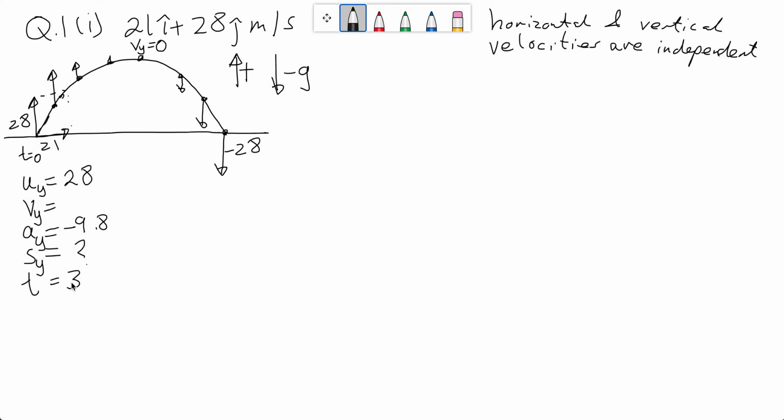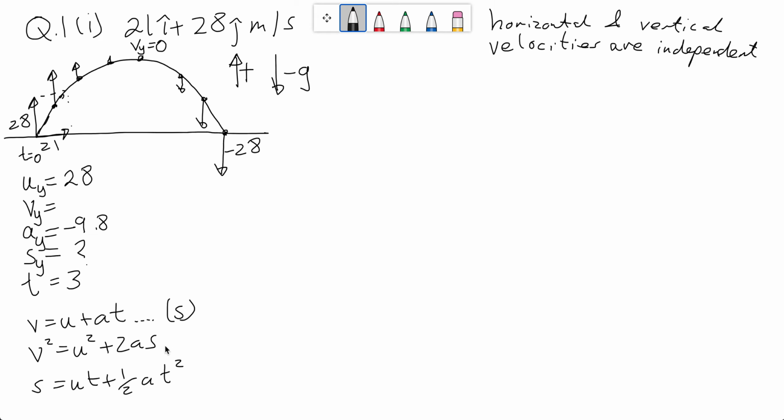So we'll use the equations of motion, which of course are v equals u plus at, v squared equals u squared plus 2as, and s equals ut plus a half at squared. Now the interesting thing about these equations is this one here, in terms of these 5 quantities, has no s in it.